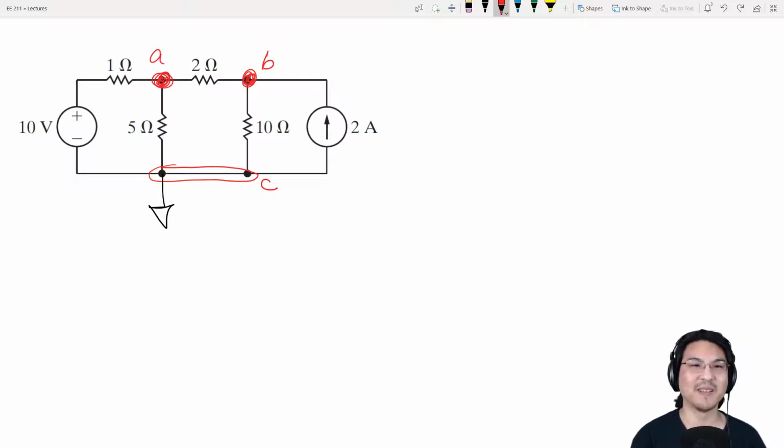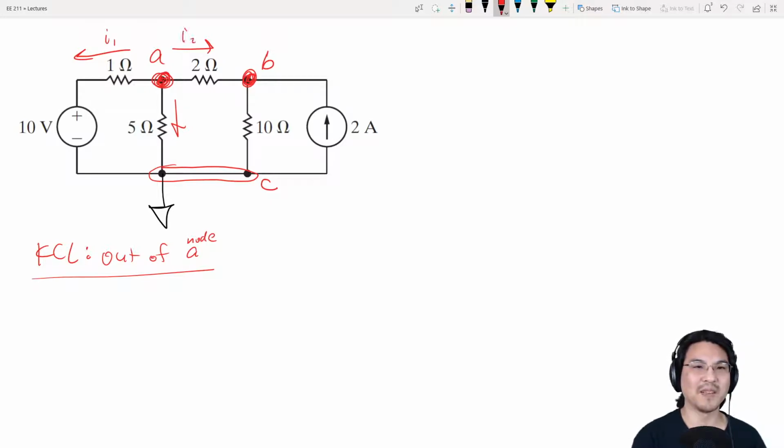So let's say I'm going to compute the current going out of node A. So this is KCL. I'll call these I1, I2, I3. So KCL is I1 plus I2 plus I3 equals 0.